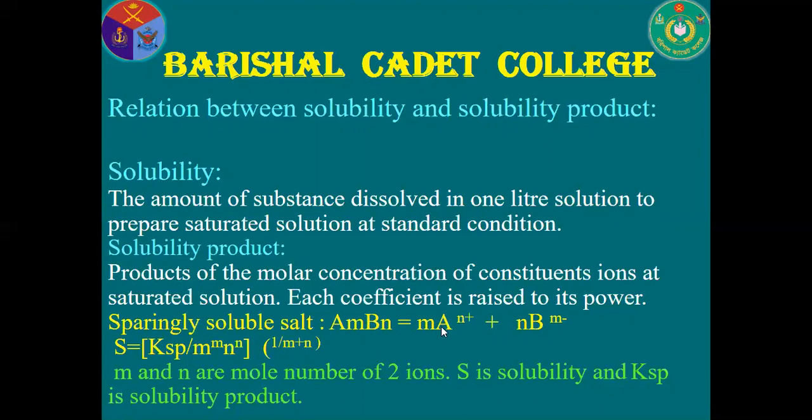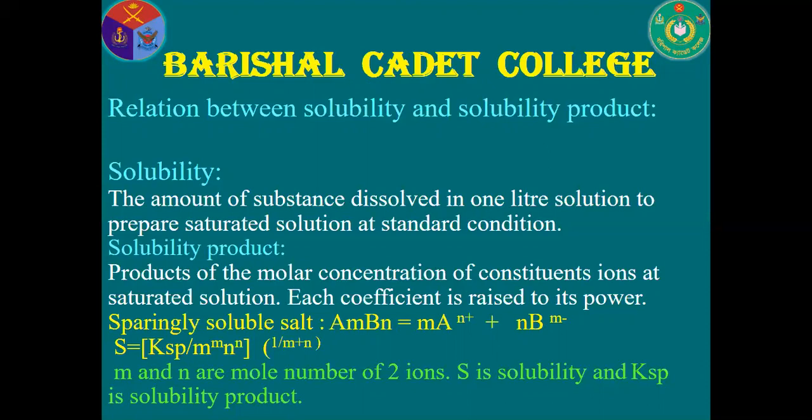If the solubility of the salt is S and the solubility product is Ksp, the relation between solubility and solubility product is S equals (Ksp / m^m n^n) to the power 1/(m+n). Here m and n are the number of moles of the two ions. So this is the relation between solubility and solubility product.